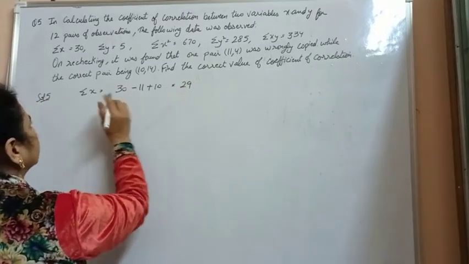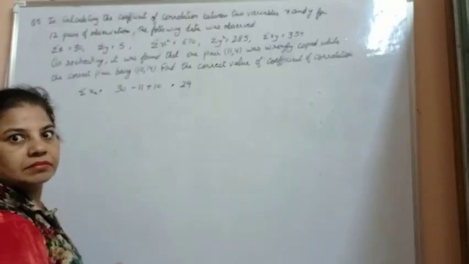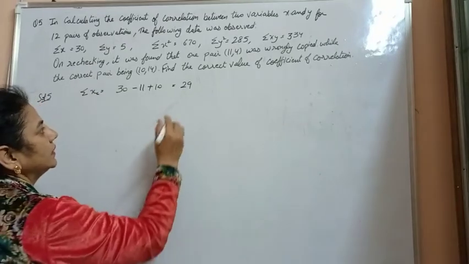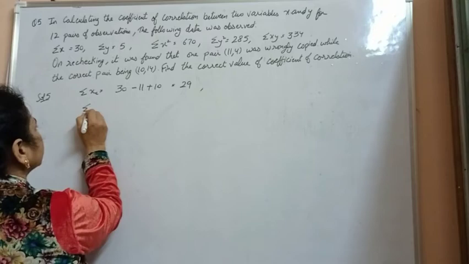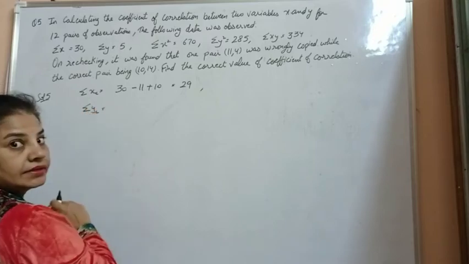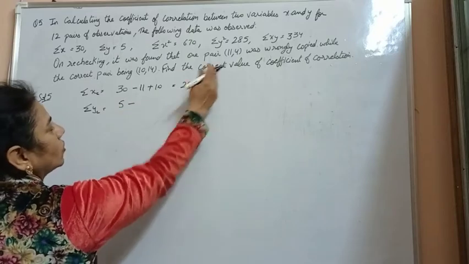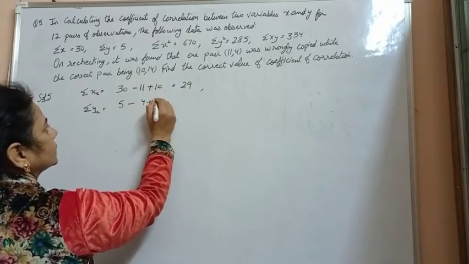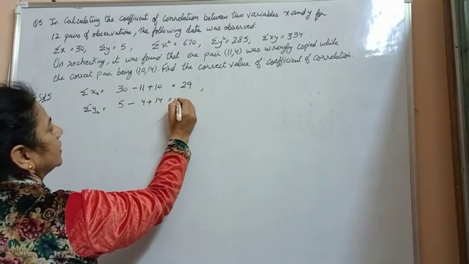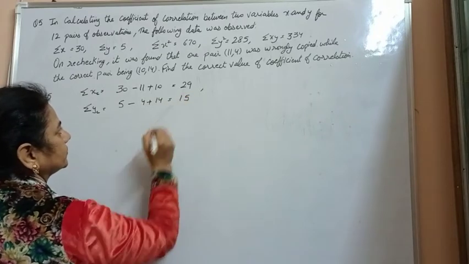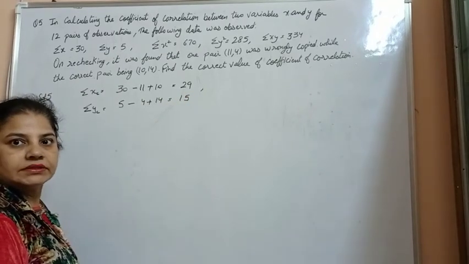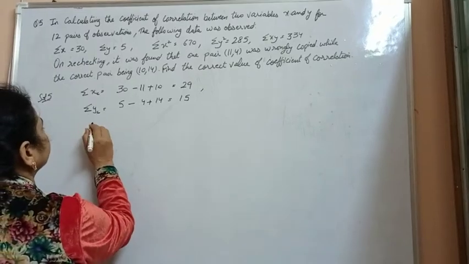We say sigma x c is for correct. Then we calculate the correct sigma y. It was 5, minus the wrong value 4 and plus the correct value 14, which comes out to be 15. So the correct sigma y, y c, is 15.